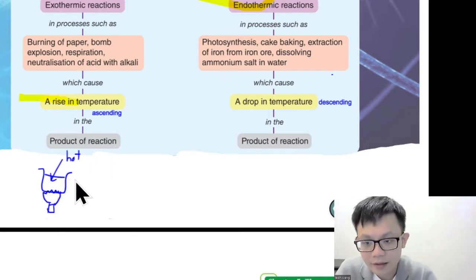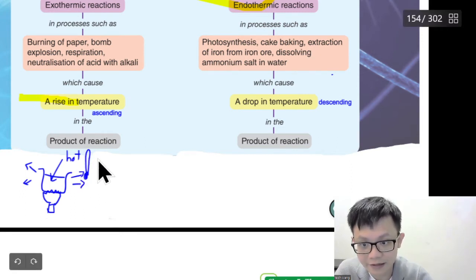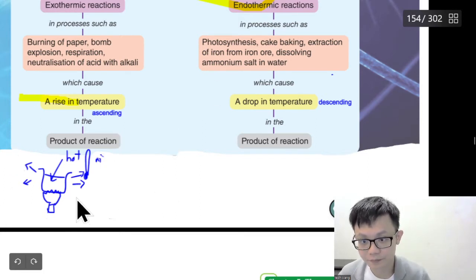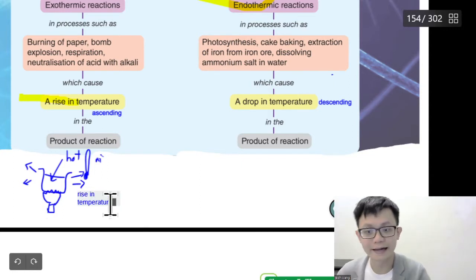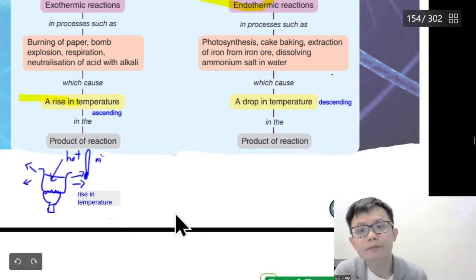Then the heat is released to the surrounding. You know what surrounding means? Surrounding means the air. So if I put a thermometer here, even outside here, there is a rise in temperature, showing that this is actually an exothermic process.